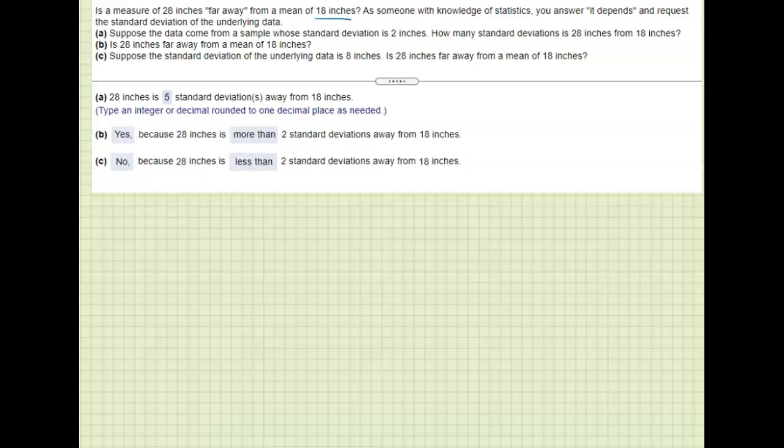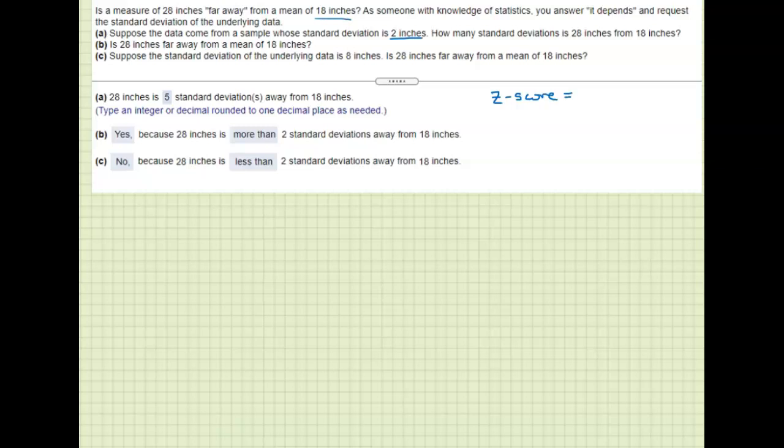Suppose the data come from a sample whose standard deviation is 2 inches. How many standard deviations is 28 inches from 18 inches? To figure that out, you basically find the z-score.